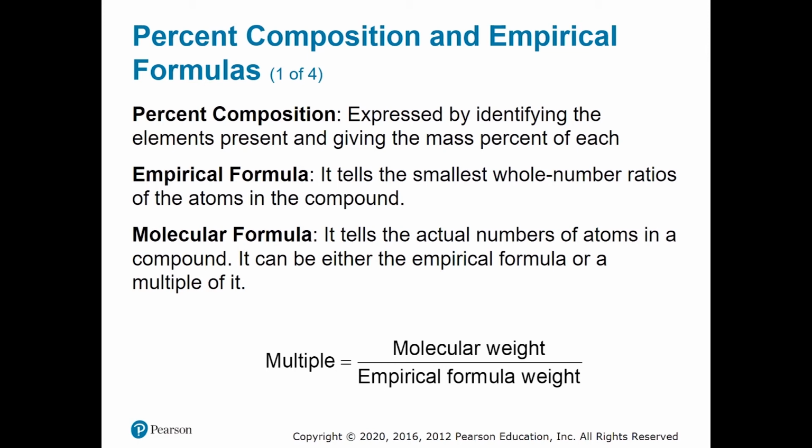If we're analyzing an unknown chemical substance and want to determine its chemical formula, we can use these mass ratios to find what's called the empirical formula, which is the chemical formula of the compound in the simplest possible whole number ratio. For a lot of covalent compounds, the molecular formula, which tells us the number of atoms of each element in the molecules of the compound, is not the same as the empirical formula. We'll need to account for this in analyzing these problems.